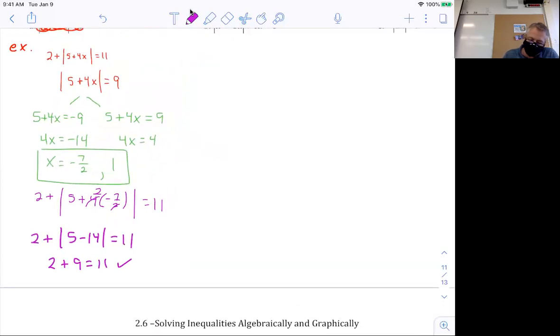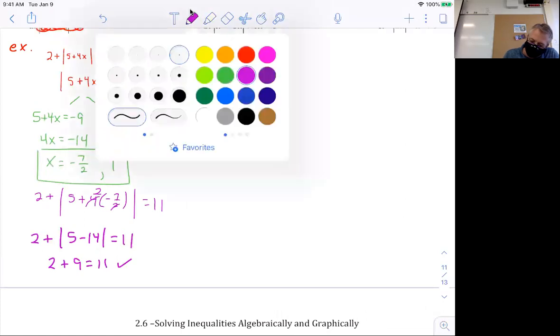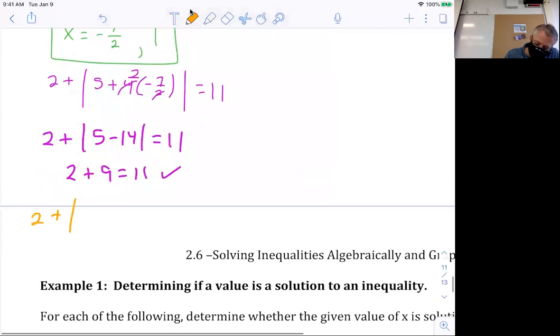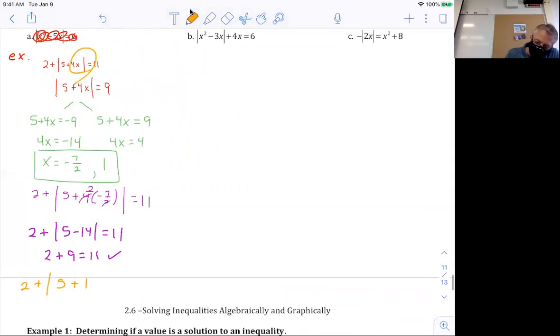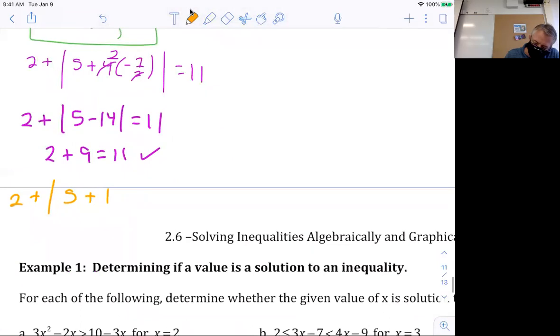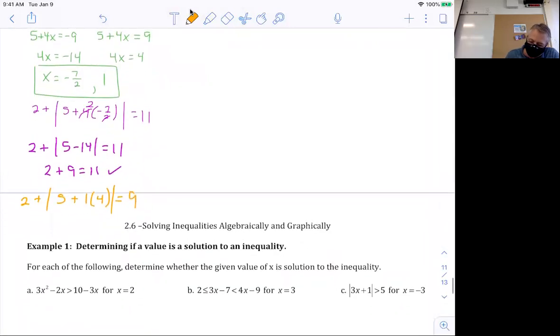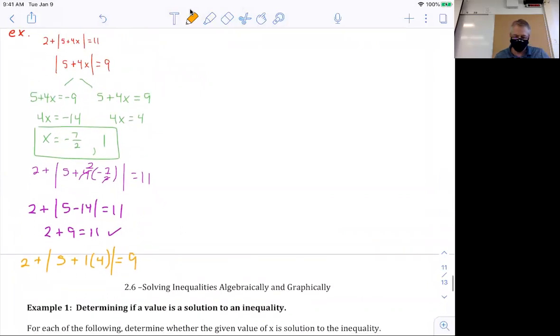Now let's plug 1 in for x. So we have 2 plus the absolute value of 5 plus, plugging a 1 in there, 1 times 4, and seeing if that equals 11, my mistake.